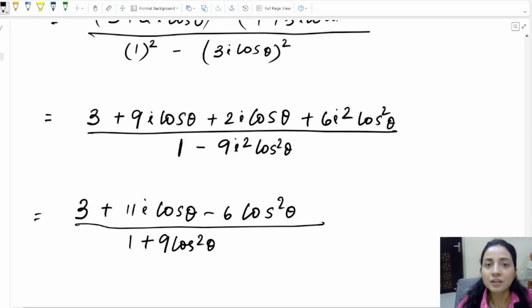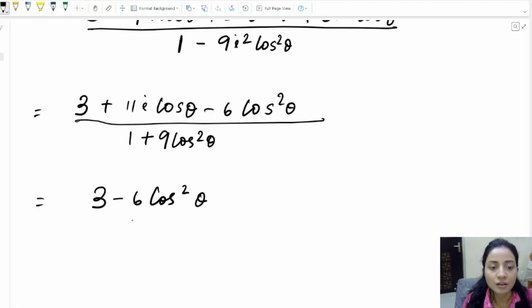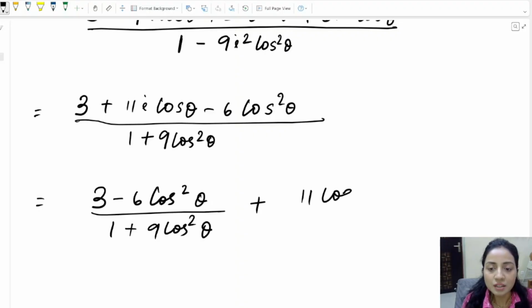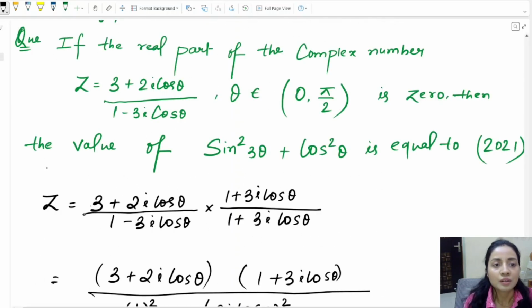Now let's separate the real part and imaginary part. So (3 minus 6 cos square theta) over (1 plus 9 cos square theta) plus (11 cos theta) i over (1 plus 9 cos square theta). Now the question says that the real part of this complex number is 0.